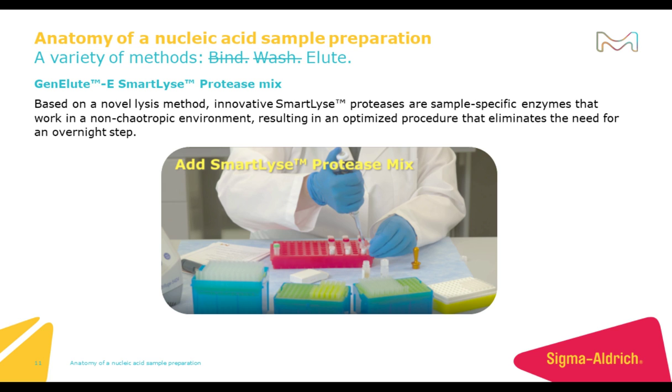Insufficient lysis can be a setup for failure from the start. That's why we took a more targeted approach with GenElute E Smart Lyse protease mixes. These reagents were chosen for two specific reasons. One, their efficiency to work in a non-chaotropic environment, and two, their optimization for their sample type.